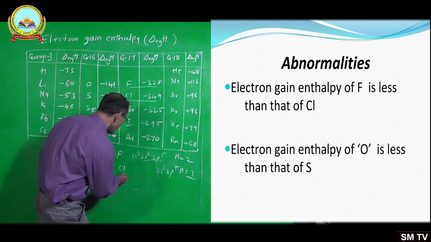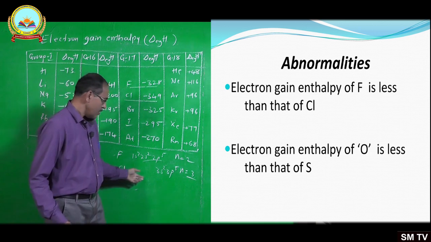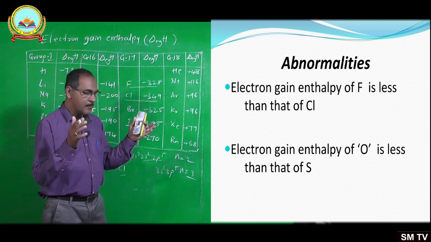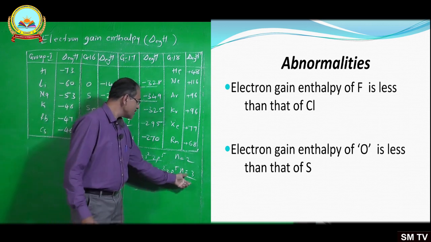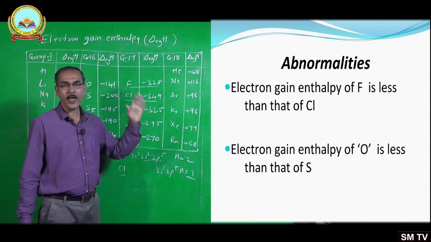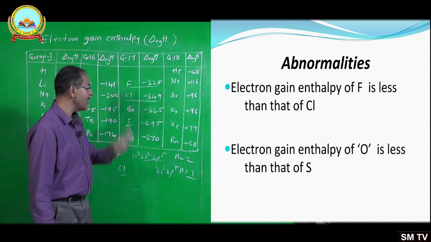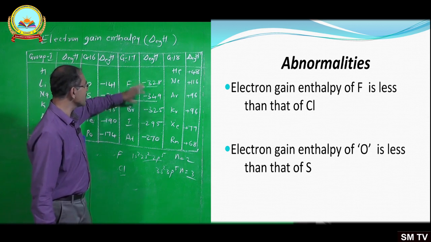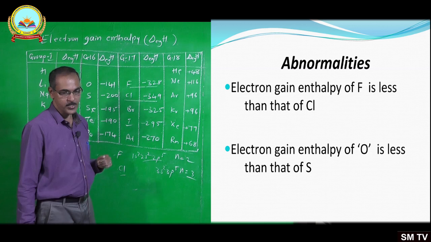But in case of chlorine, the electron is added in the bigger space, n equal to 3, meaning the size of chlorine is bigger. Therefore, electron repulsion is less. That is the reason these abnormalities are observed.